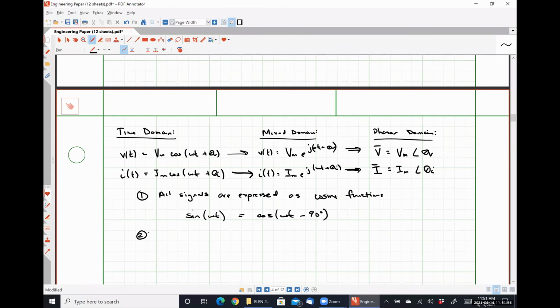Our second condition is that all signals are expressed with a positive magnitude.